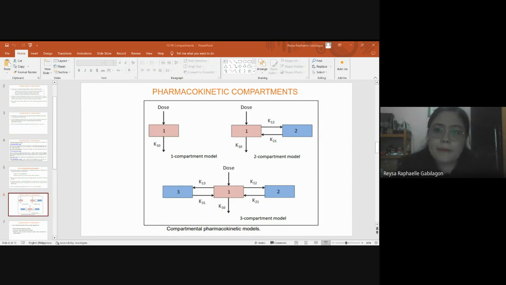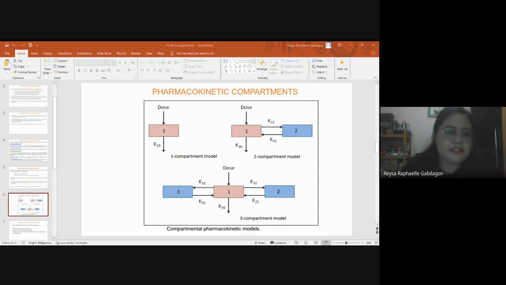Now how about the plasma concentration? In that graph, of course, you have the concentration at time 0, that's the time when you are just about to administer. And then you have here the time, showing how much of the drug has reached or remained in the plasma.